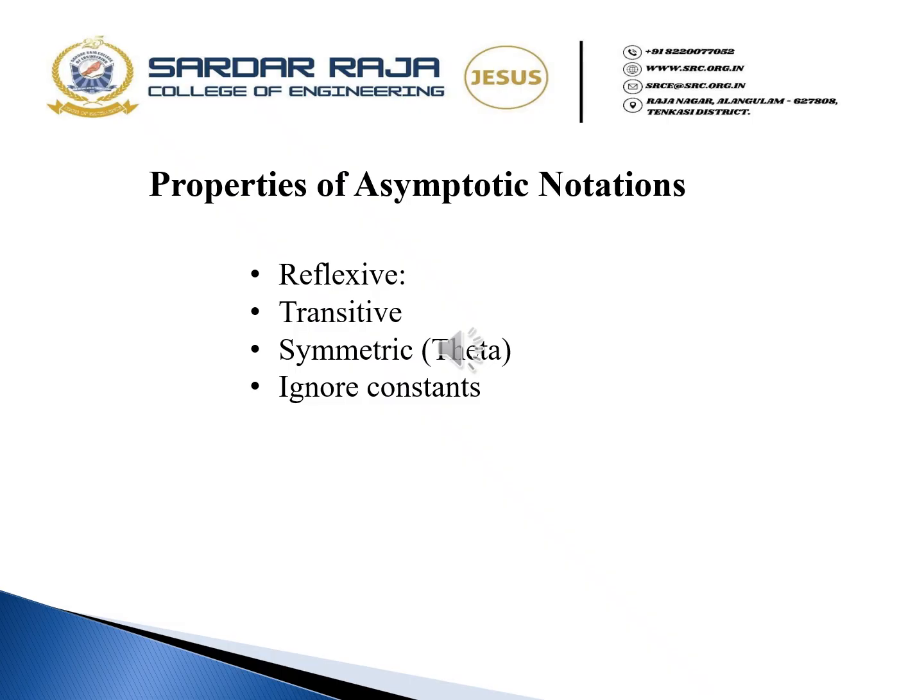A relation R is transitive if f(n) relates to g(n) and g(n) relates to h(n), then f(n) relates to h(n). Then symmetric means a relation R is symmetric if f(n) relates to g(n) then g(n) relates to f(n). Ignore constant means that in asymptotic notation, big O, omega, theta, constant factors are ignored.